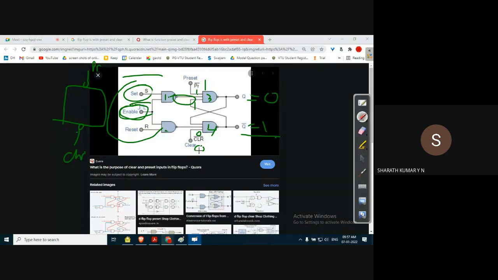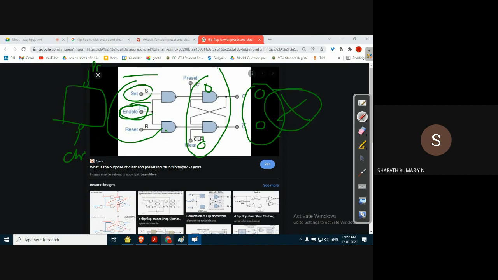What happens if both preset and clear inputs are 0 0? This will force Q and Q bar to be set to 0, which is an invalid condition.